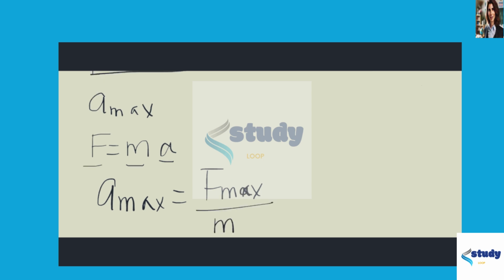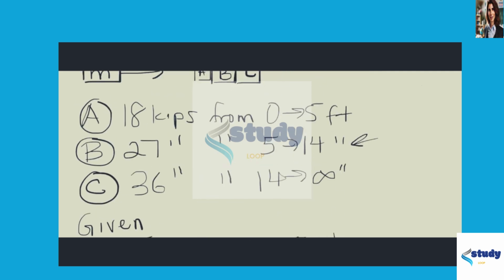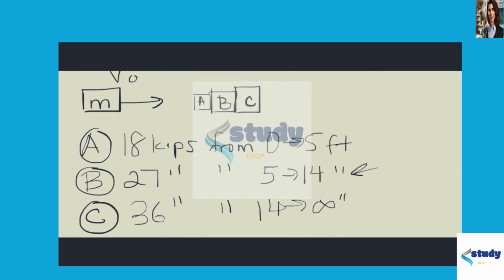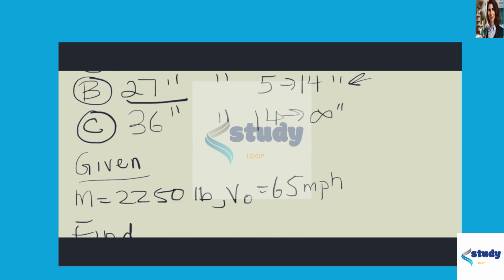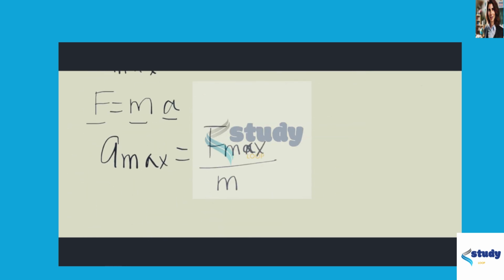If we go back up to our problem statement, we see that the maximum force the car undergoes is this 27 kips. So by using that value, we can solve for the maximum acceleration.